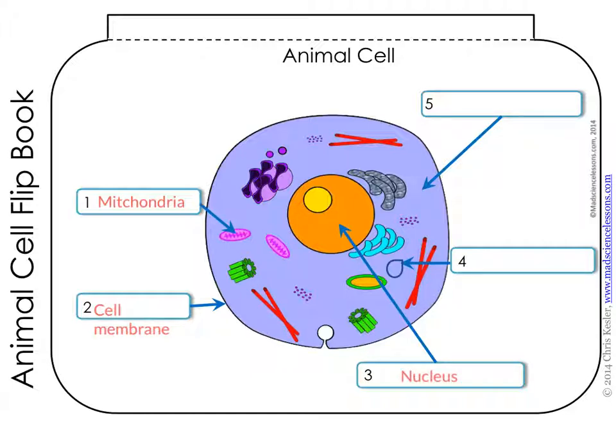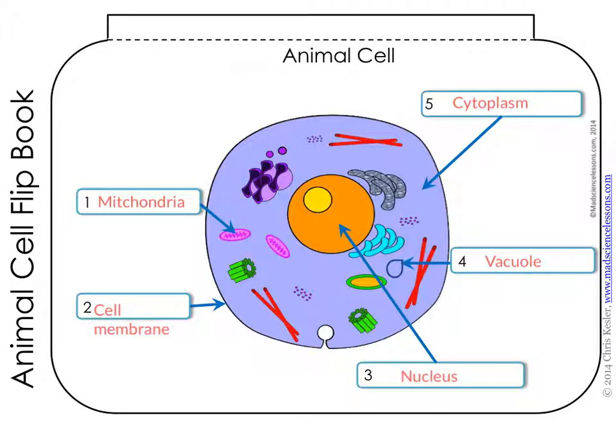Number three is the nucleus. Both plant cells and animal cells have nuclei, which makes both plant cells and animal cells eukaryotic. Number four is a vacuole. You'll notice just like a plant cell, animal cells also have vacuoles. But unlike a plant cell, animal cell vacuoles are much smaller. They serve the same function in that they're used for storage of different materials.